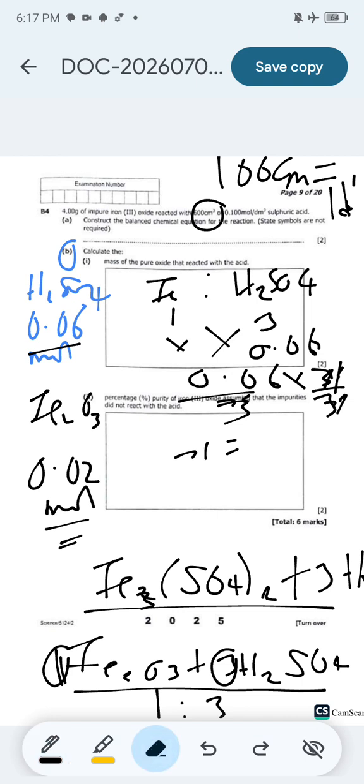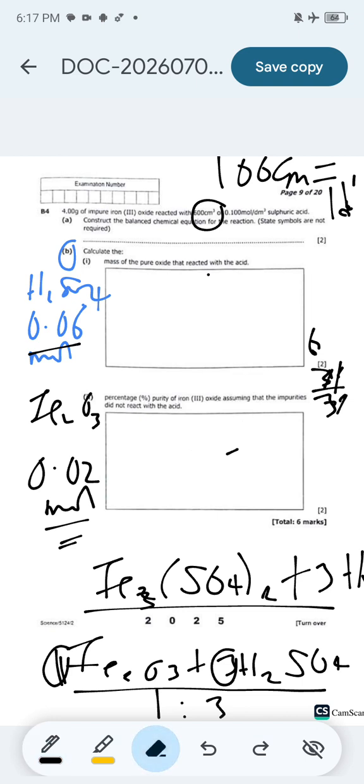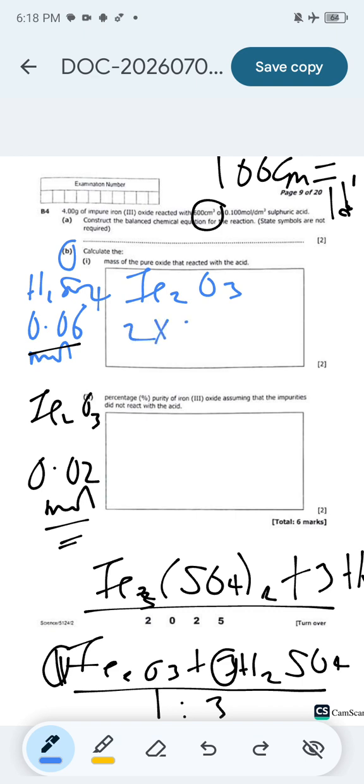Okay? We are going to keep these values. Here is going to be for calculation. So we can calculate the molar mass for iron 3 oxide. The molar mass is simple. The atomic mass of iron is 35. So we have 2 atoms, so it is 2 times 35. No, not 35. It's actually 56.